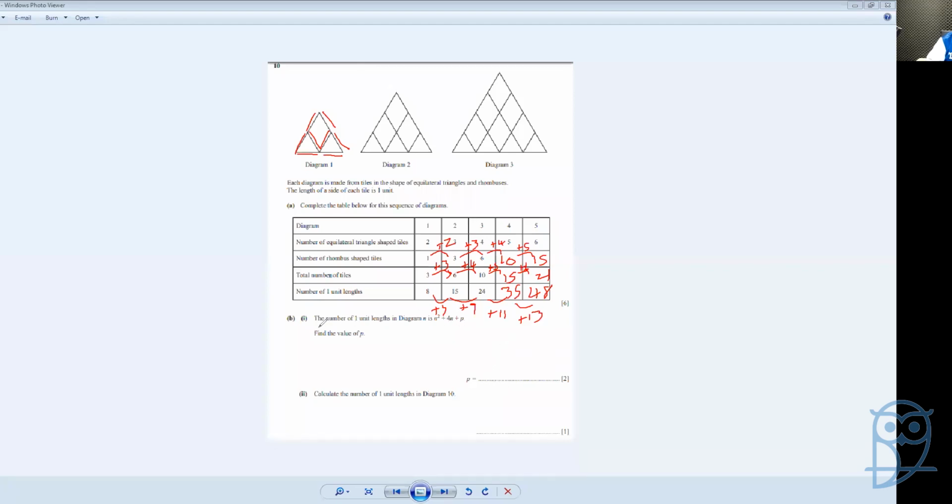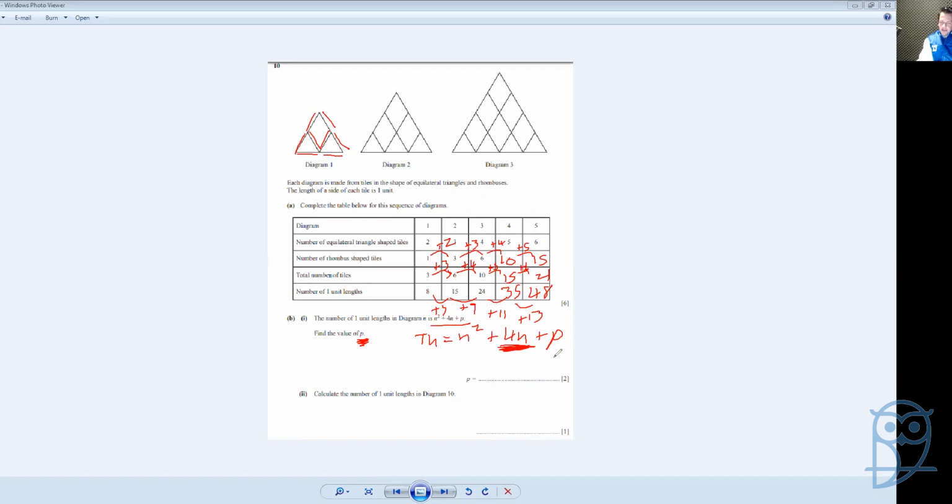So it then tells us the number of 1 unit lengths in the diagram follows this pattern. So Tn equals n squared plus 4n plus p. Notice we have a middle term. Now it says find the value of p.